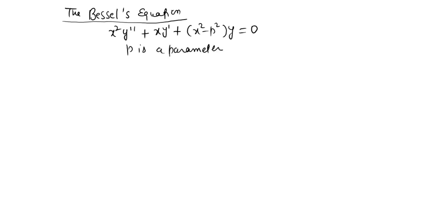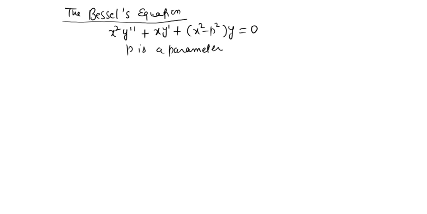So this is a second order ODE in the form x squared y double prime plus x y prime plus (x squared minus p squared) y equals 0, where p is a parameter. This is called Bessel's equation of order p.